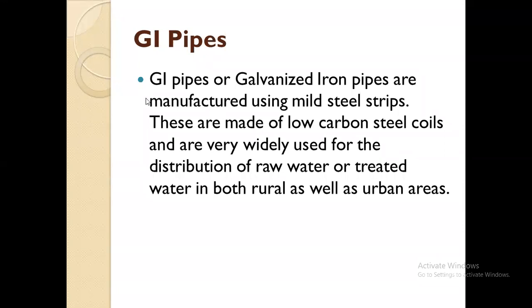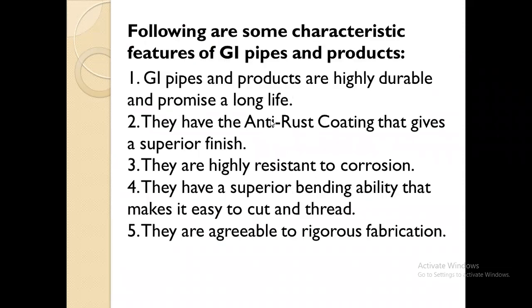Those GI pipes will get corroded, so painting is required, or we have to make the surfaces smooth from the inner side, to avoid material sticking and all those things. These are some features of the GI pipes.